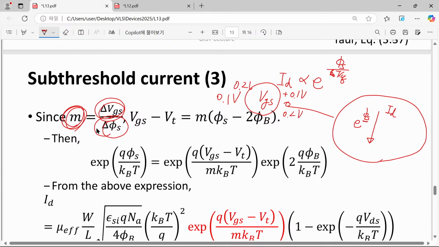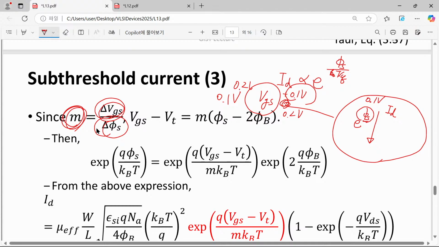And since there is a relation between gate voltage and surface potential, if this 0.1 volt increase is directly applied to the surface potential, then you will be quite happy.